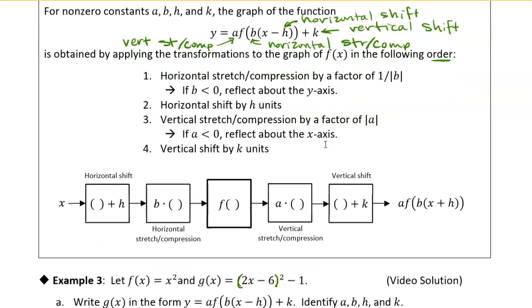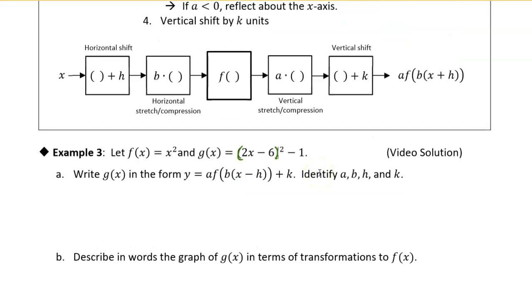Okay, so we're going to rewrite it in that form, which means that the main thing we need to do is factor out the coefficient on x to see the transformation. So I'm going to rewrite g of x. I've got this thing squared, 2x minus 6, but I'm going to factor out the coefficient on x.